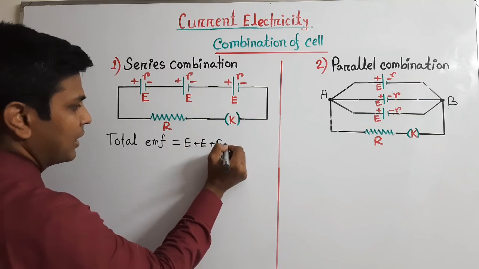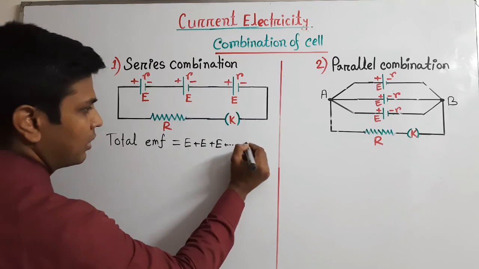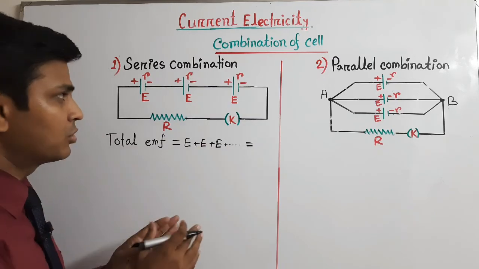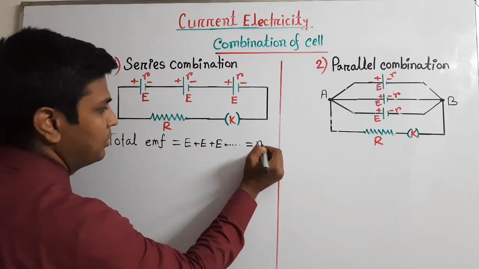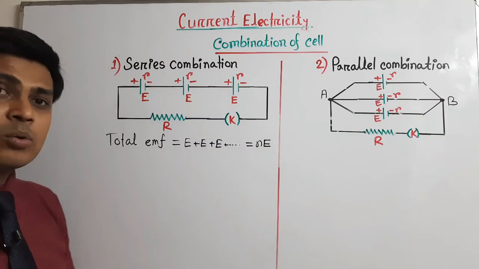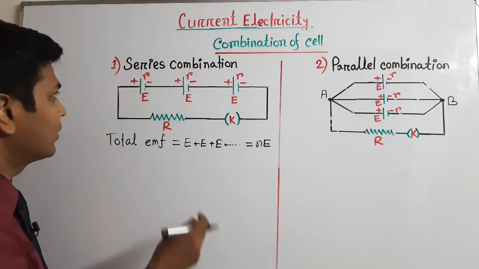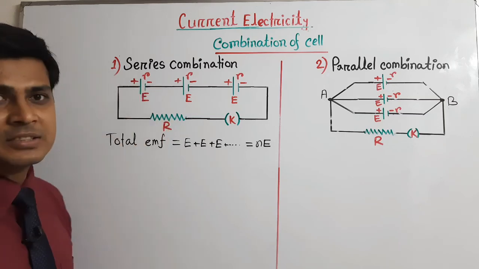That means if we connect n number of sources, then the total electromotive force for the series combination will be nE. In the same way, we can calculate the equivalent resistance of the internal resistances.